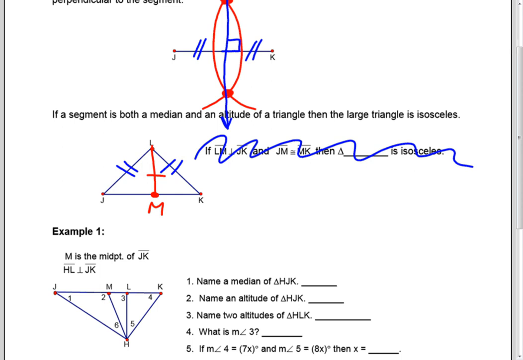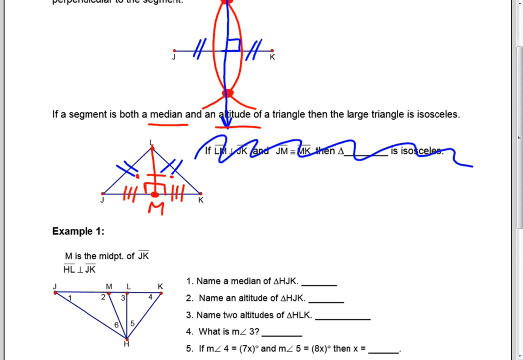It turns out that if I've got a median and an altitude combined into one, that really means I've got a perpendicular bisector. If I've got a perpendicular bisector, that means that I'm dividing up this triangle into 2 equal parts. This triangle and this triangle are exactly the same for a variety of reasons. SAS, SSS.